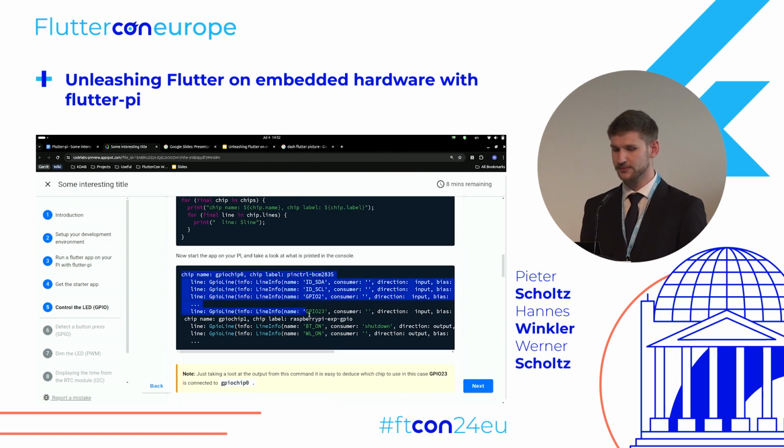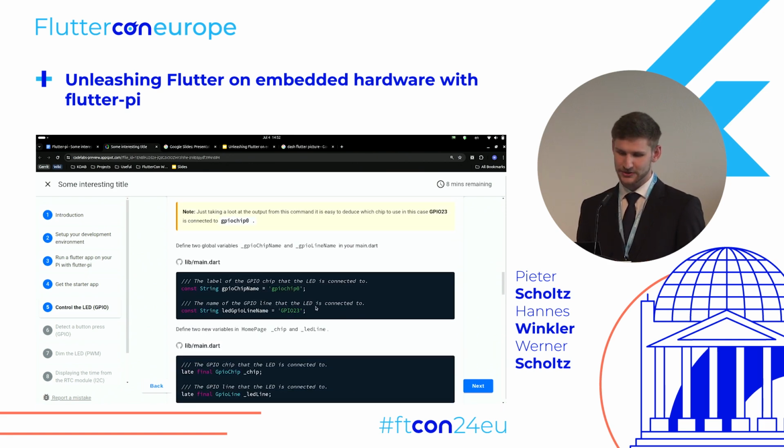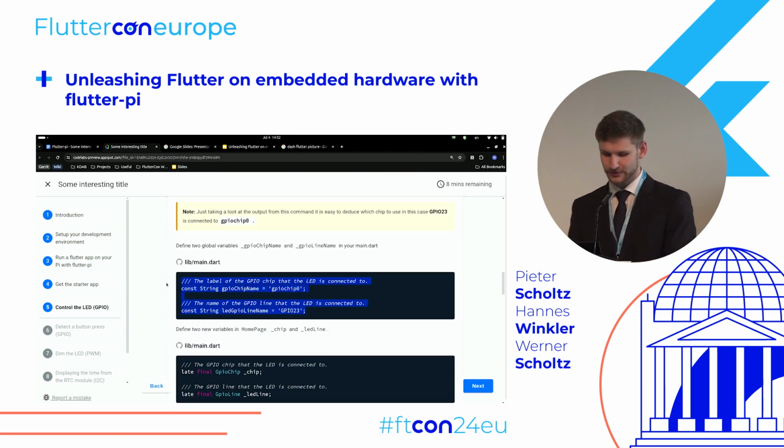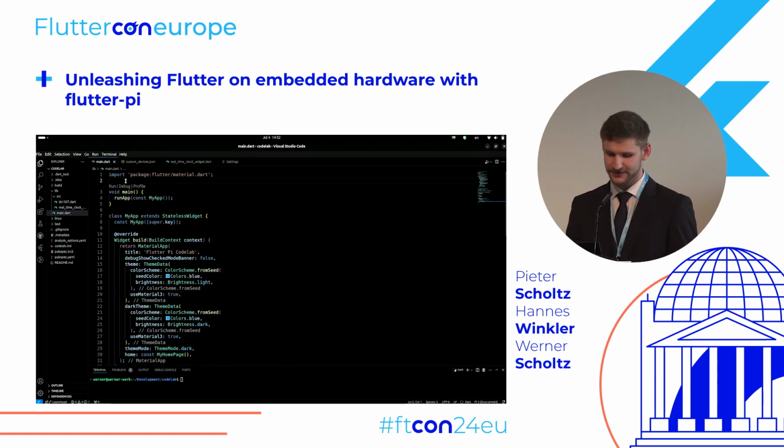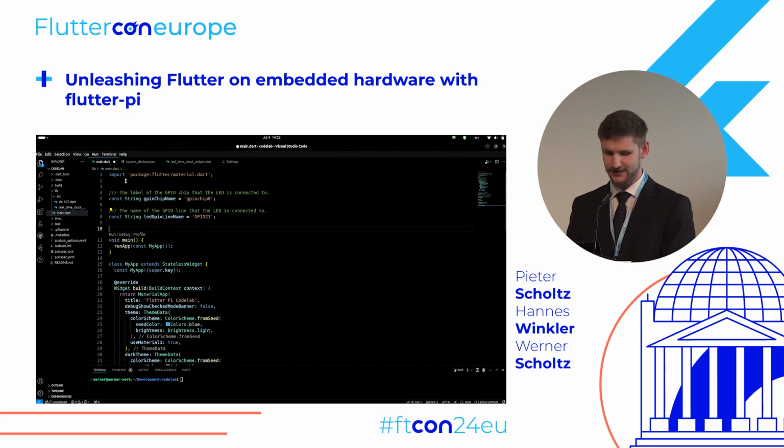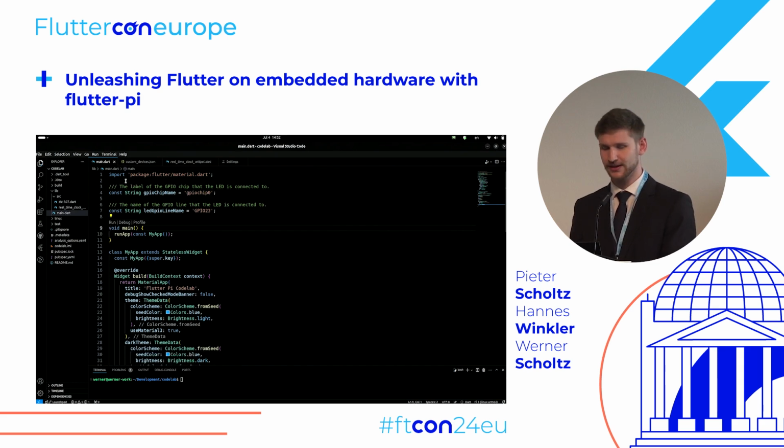I've done this already, but this is what the output should look like. The first chip is called GPIO chip 0, and it contains the pin GPIO 23. So I'm going to create two constant variables so we can identify the chip and the line in code by their names.